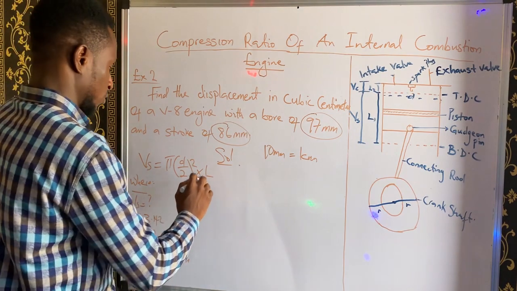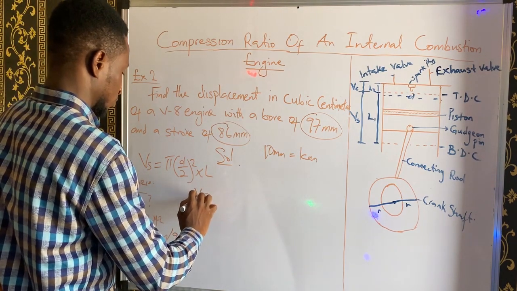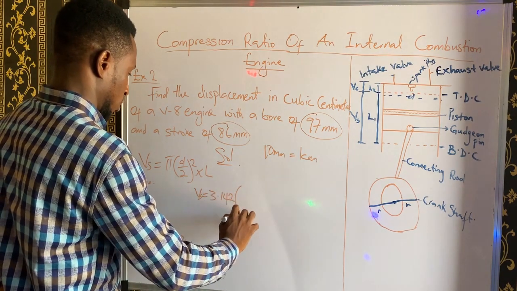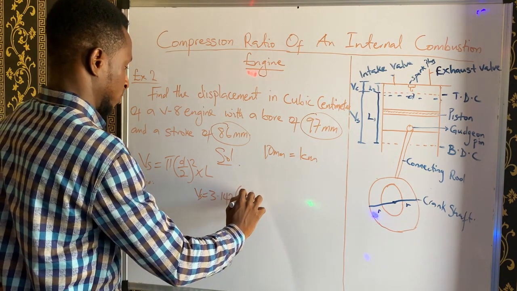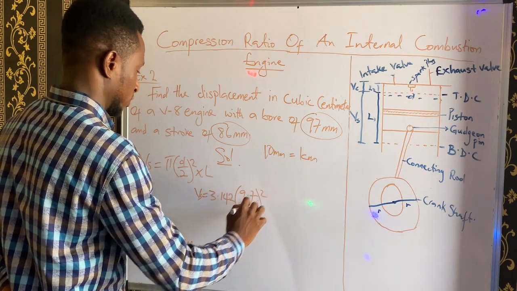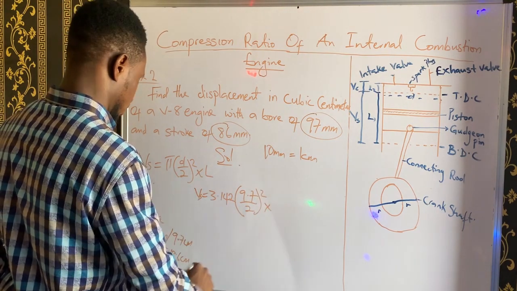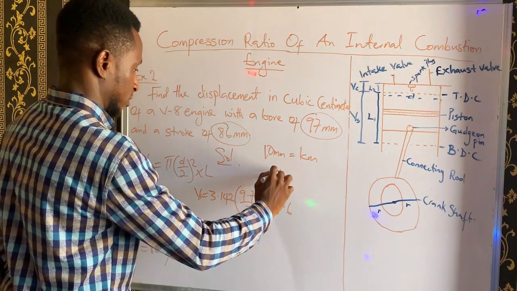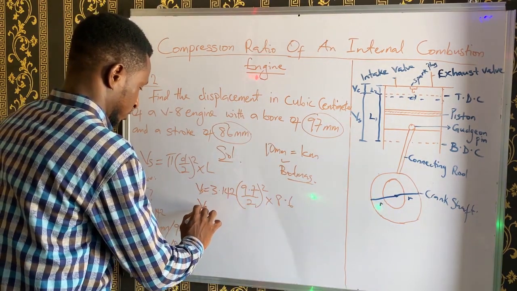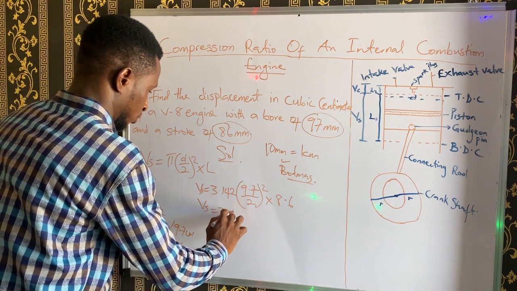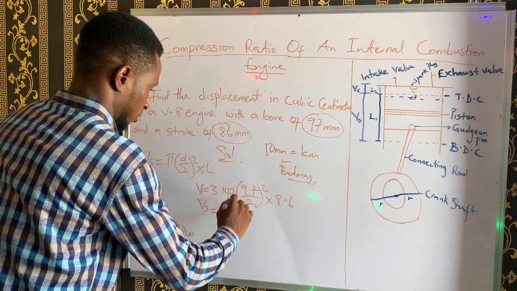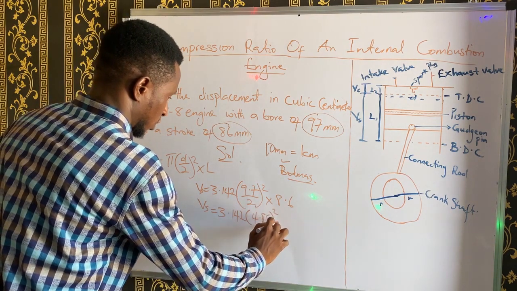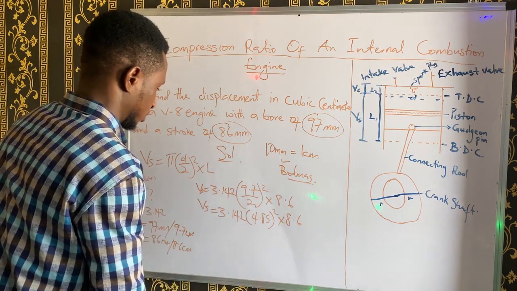So proceeding, we have swept volume equals 3.142 into brackets 9.7 divided by 2, all squared, times 8.6. Applying BODMAS, Vs equals 3.142 times 4.85 squared multiplied by 8.6.